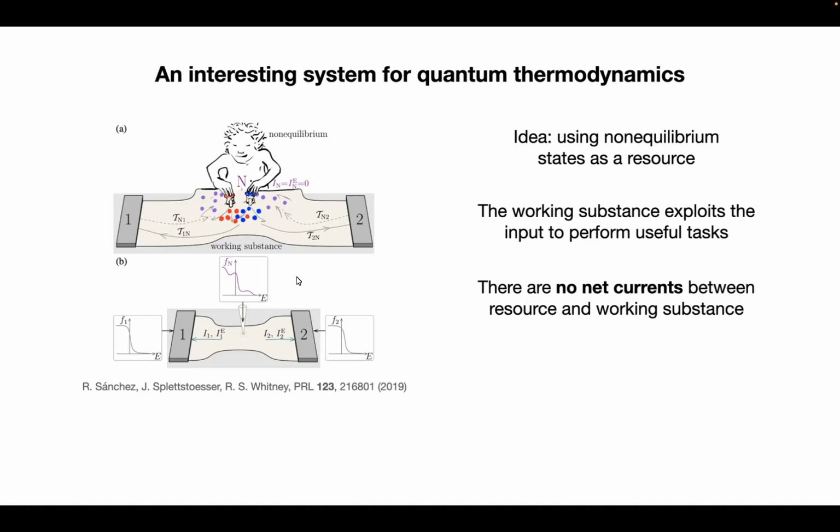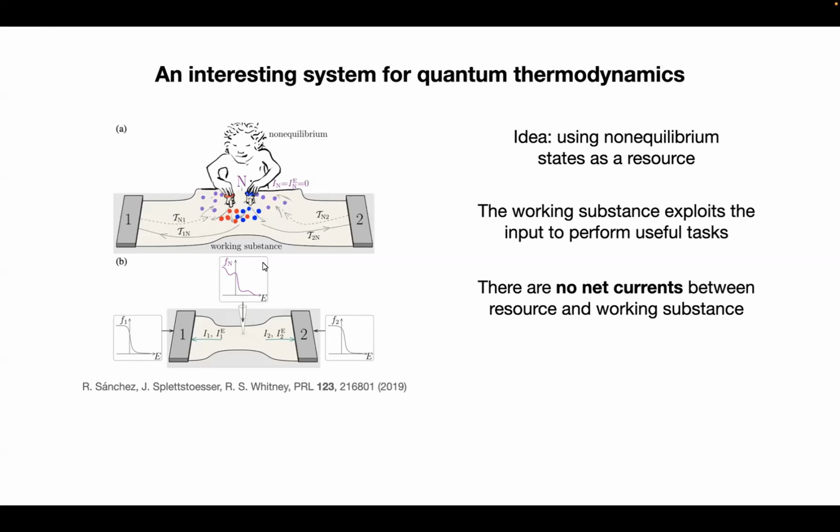What this slide represents is a two-terminal system. 1 and 2 would be two macroscopic fermionic reservoirs. And then there is a non-equilibrium part of it, which is schematically represented here with a non-equilibrium distribution. The distributions of the two terminals 1 and 2 are Fermi-Dirac distributions, and this is just something else.